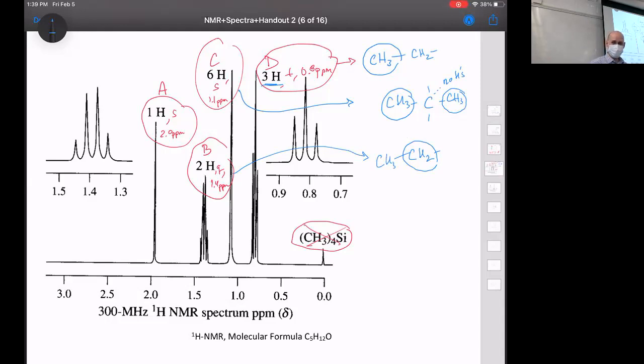And we kind of knew there was a CH2 next to a CH3 because we already knew there was a CH3 next to a CH2. And if these two are neighbors, they're still neighbors from the other neighbor's point of view. So if that CH2 is next to a CH3 on one side, what must be over here? Probably a carbon, because if there were an oxygen over here, the CH2 would be in the 3 to 4 region.